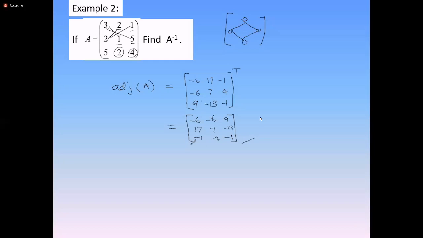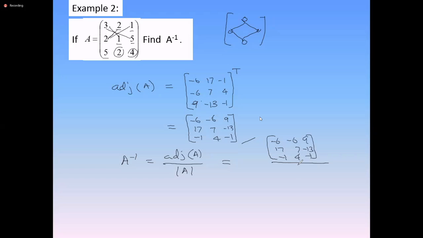So this is the adjoint. Then the inverse matrix is the adjoint matrix divided by the determinant. So we have to divide this matrix: minus 6, 9, 17, 7, minus 13, minus 1, 4.